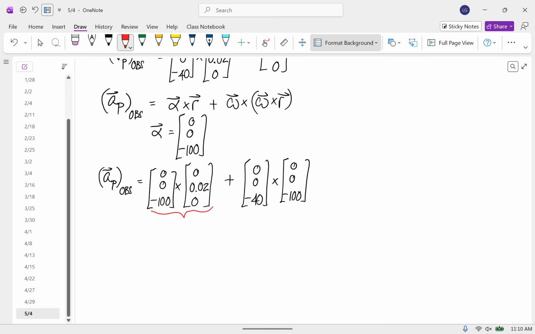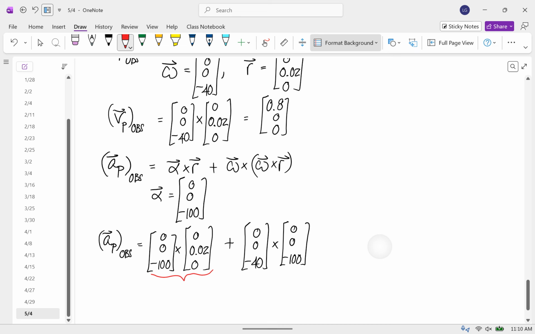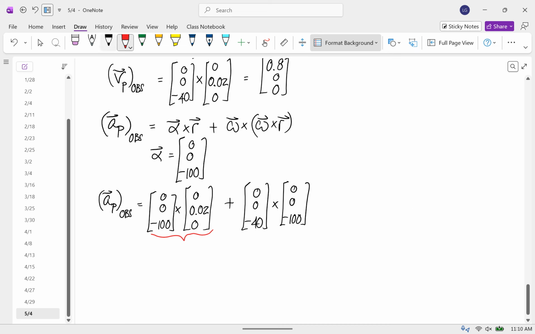Is it two? Wouldn't that be the radius? Oh, I looked at the wrong thing. Sorry, you're right. It is 0.8, 0, 0. For the R vector, which has the 0.02 in the y. Would there also be the 0.01 positive z because it's the radius from?